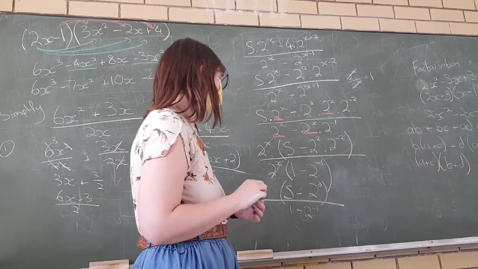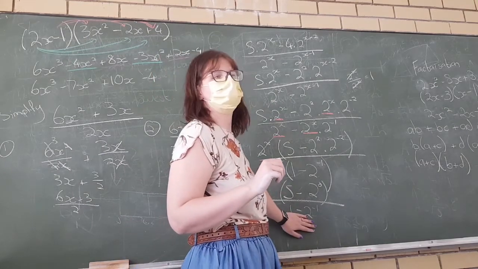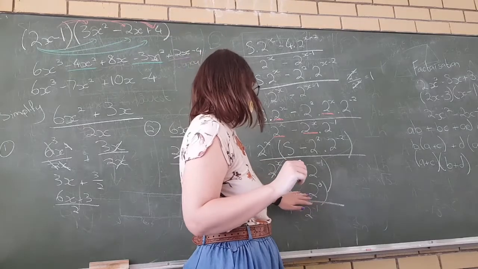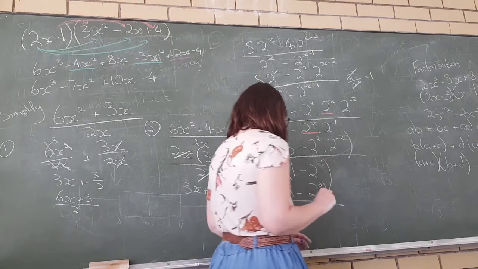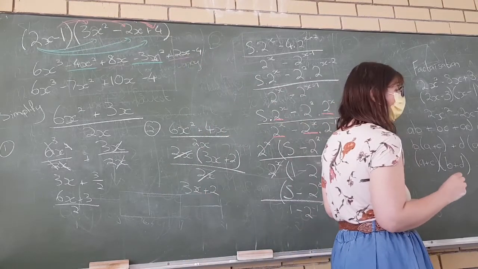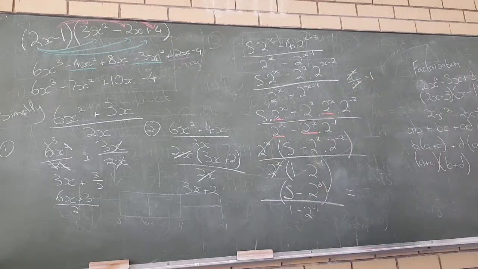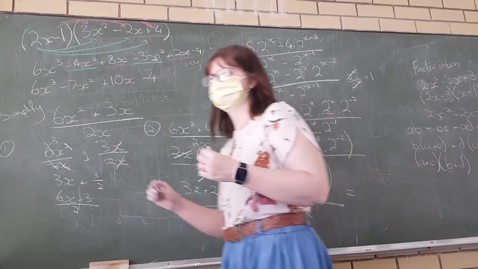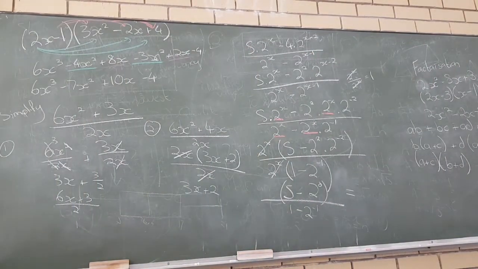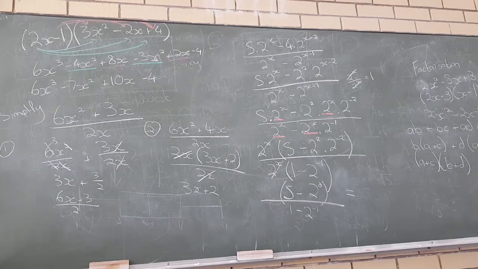Alright, so now what I can do is I can plug this into my calculator. 1 minus a half. Alright, so I've got 4 over 1 minus 2 to the power of 1. So plug that into your calculator for me. It doesn't cancel out, it leaves you with 1.